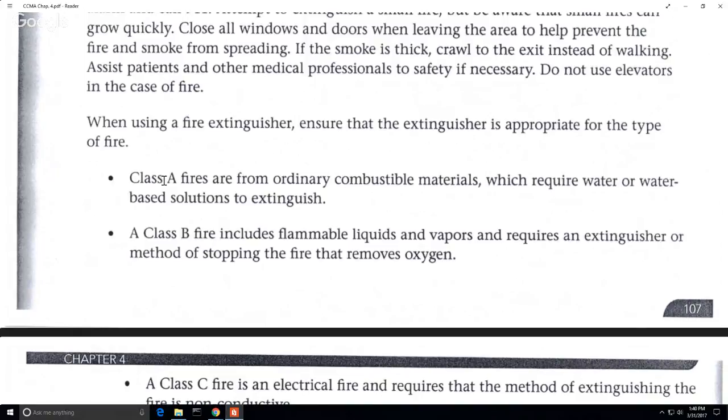Class A fires are from ordinary combustible materials, which require a water-based solution to extinguish. Class B fires include flammable liquids and vapors that require an extinguisher or method of stopping the fire that removes oxygen.